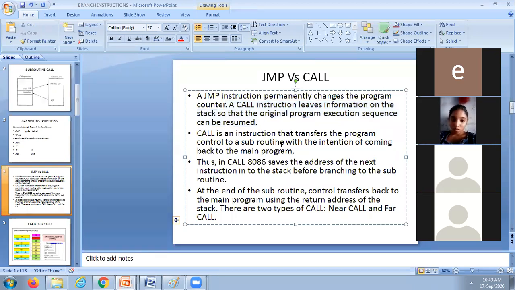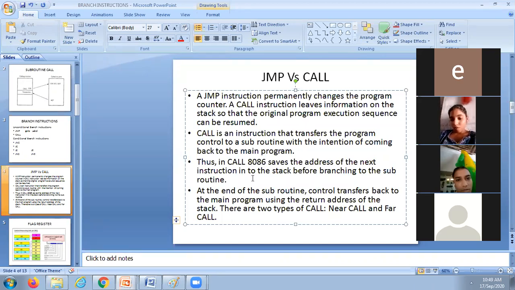Call is an instruction that transfers the program control to a subroutine with the intention of coming back to the main program. So whenever you use a call instruction, it means the control is coming back to the main program.